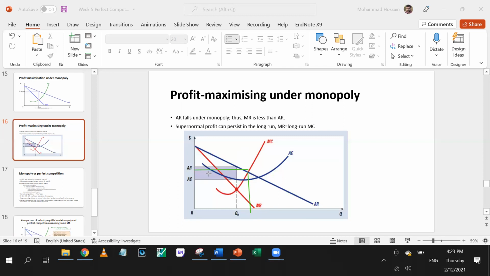This company is supposed to make this much profit. I'll show you. The price was supposed to be at this point. See that? But since they are not supplying this much, they're supplying less than that, they can sell at this extra price. That is the monopoly price, the extra monopoly profit.